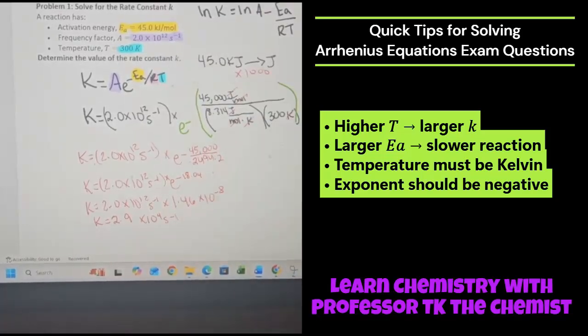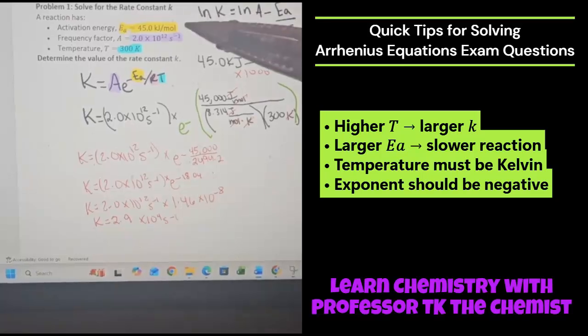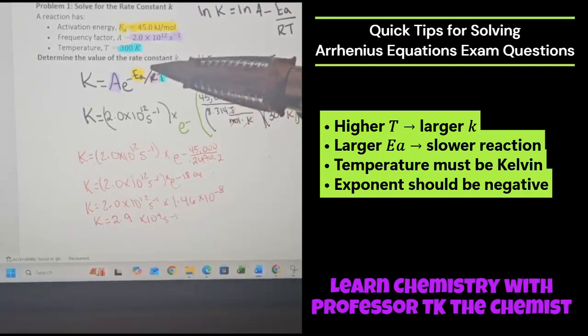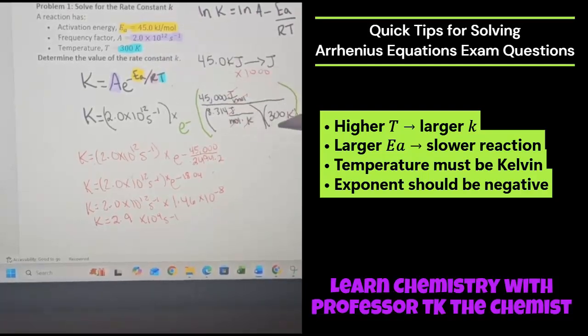Highlight what's given in your problem. Make sure that your activation energy is in joules by multiplying it times 1,000. Do all the math that you have up top first. Like do the bottom numbers first and then put it back in your calculator and divide.